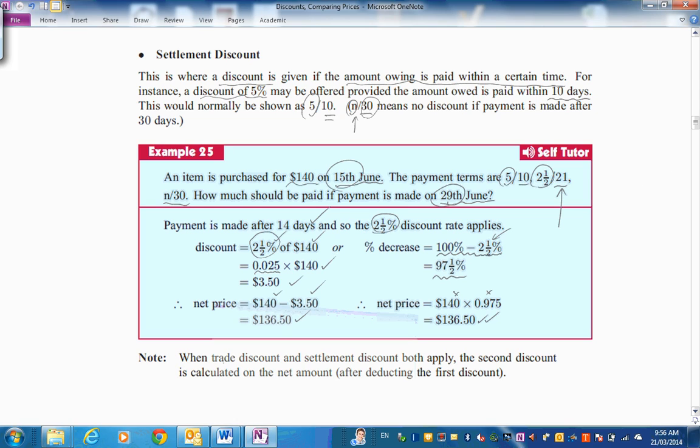If you get two, a trade discount and a settlement discount, you do one after the other. So deduct the first discount and then work out the price after that one, and then the second discount.